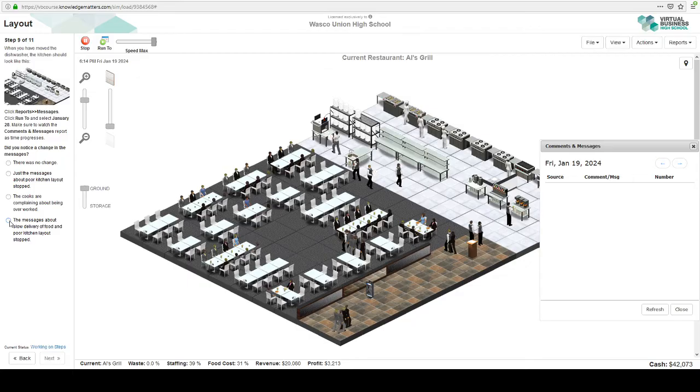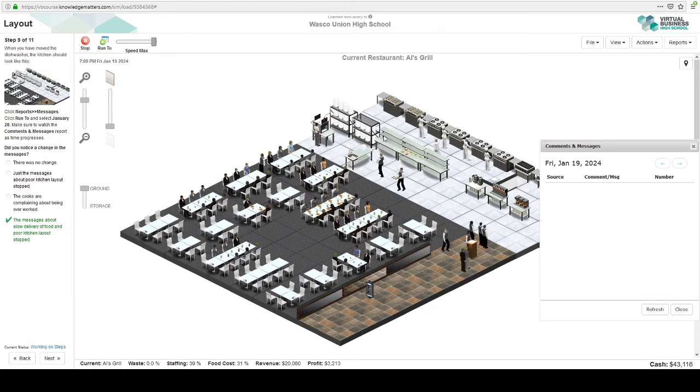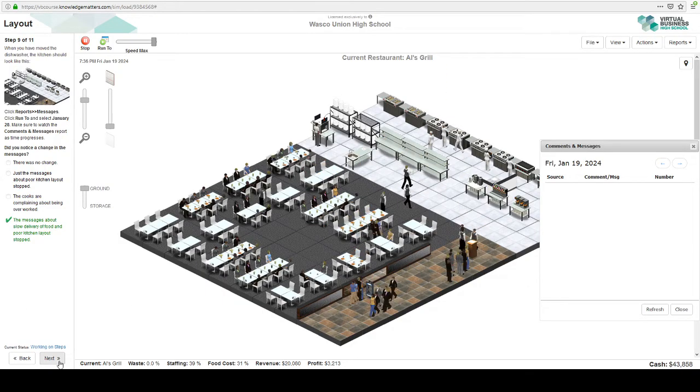I'm not seeing any comments. I'm going to say the messages about slow delivery of food and poor kitchen layout stopped. So we successfully organized the kitchen. The back of the house is going to affect the front of the house. So it's important that everything is flowing smoothly and working together.